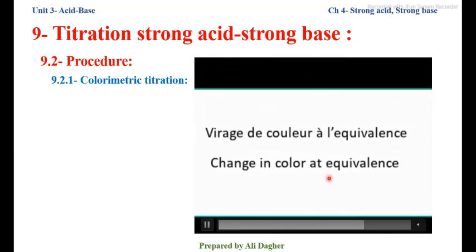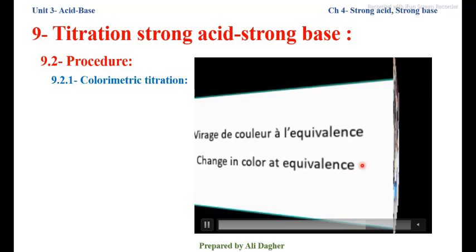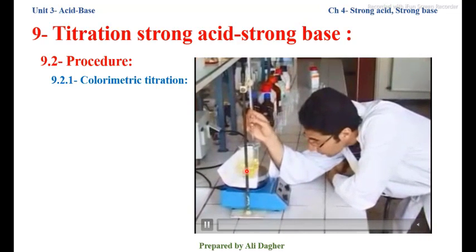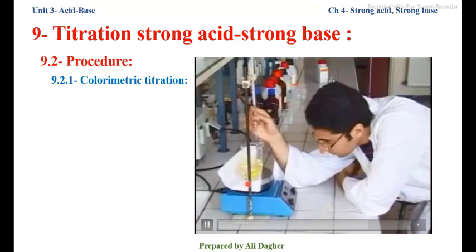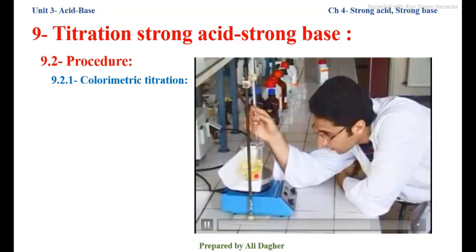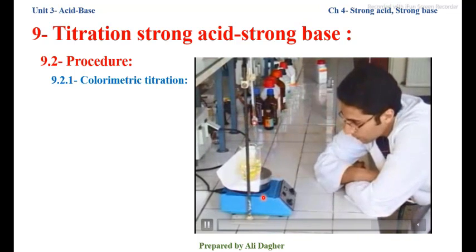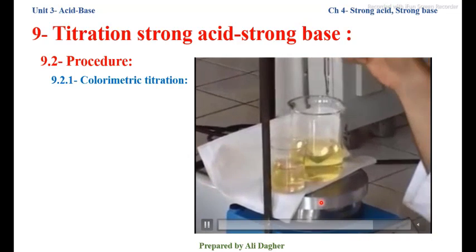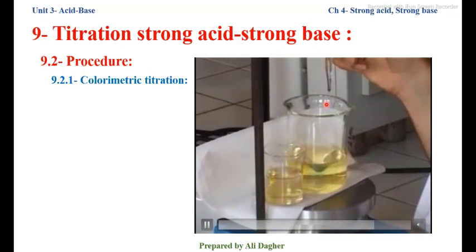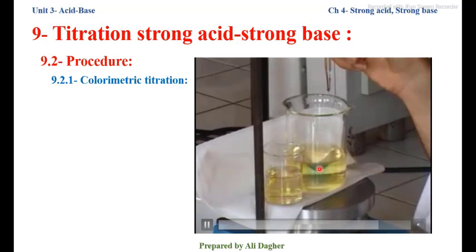A change in color at equivalence. Here we have hydrochloric acid solution with bromothymol blue with yellow color placed on magnetic stirrer. When we add the sodium hydroxide solution drop by drop, at the place where the drop falls, the color changes to blue.